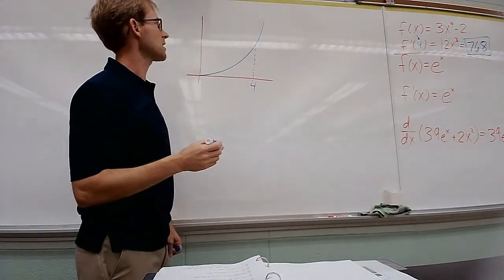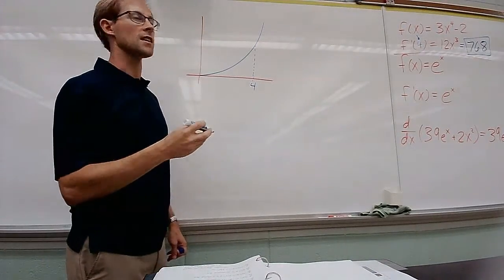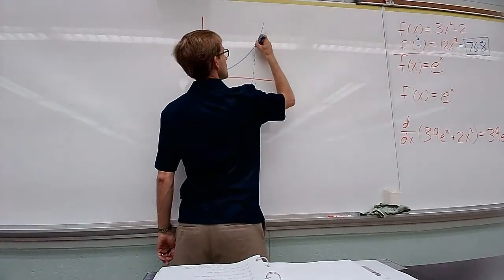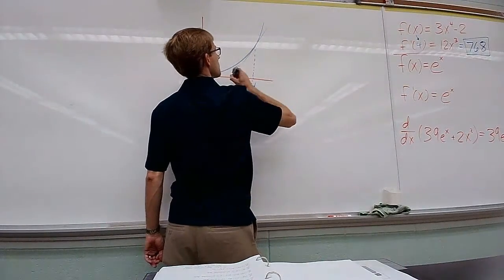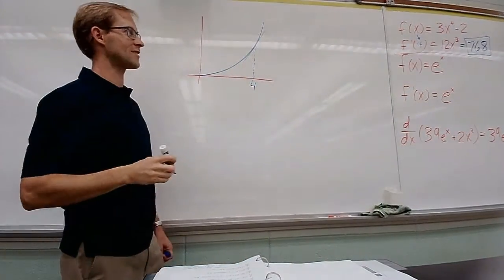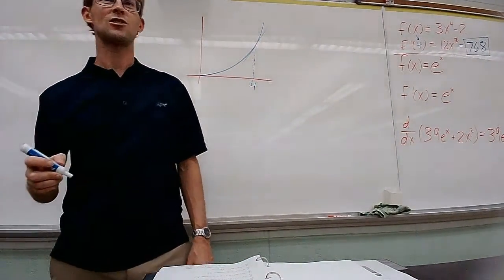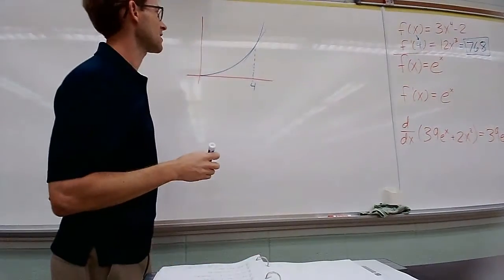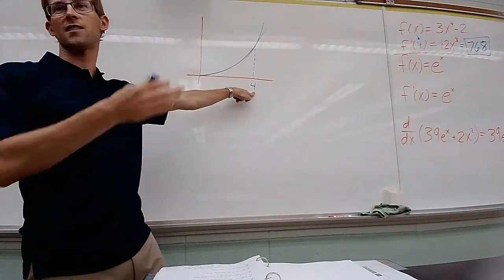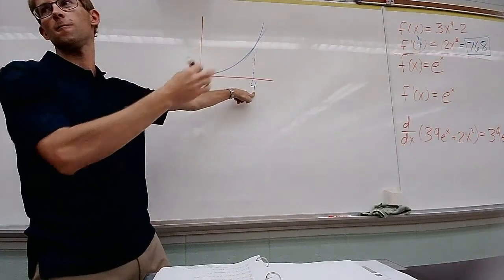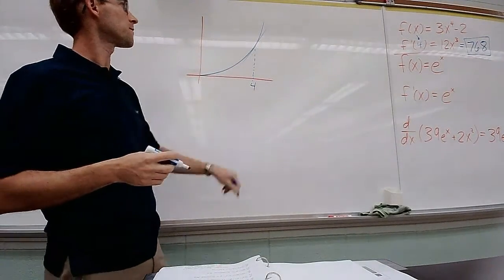So what that means is that you're finding the slope of the tangent line at this location. So 768 would be the slope of your tangent line at x equals 4. That's what this actually means. So 768 is the slope.